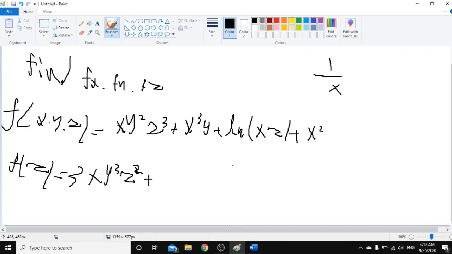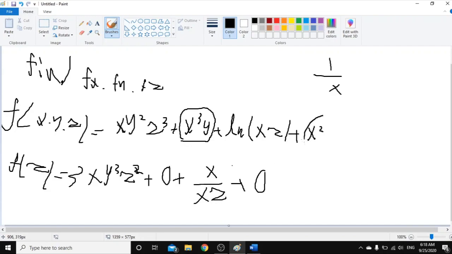plus, here there is no z, there is only x and y, so it's 0, plus the ln, inside here there is z, so we can use the partial derivative. The partial derivative of z is 1, so x over x times z, plus 0, because x squared is alone, it's a constant.